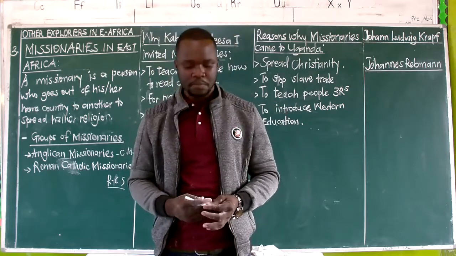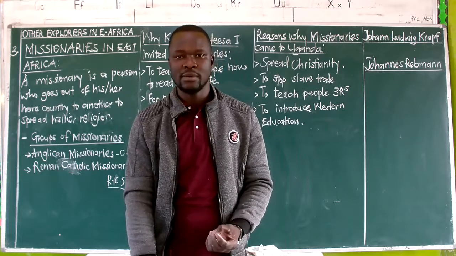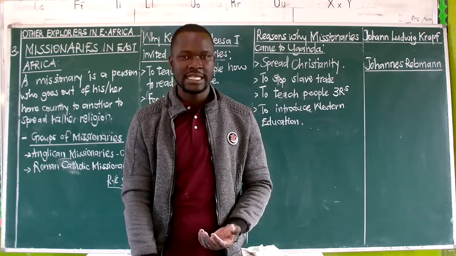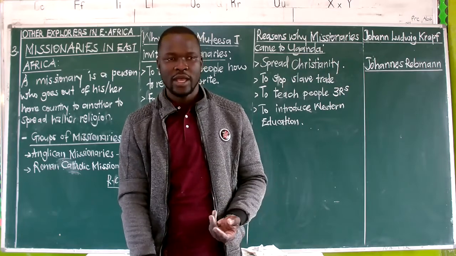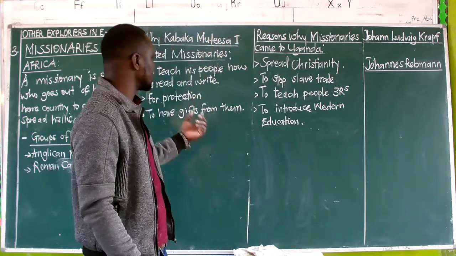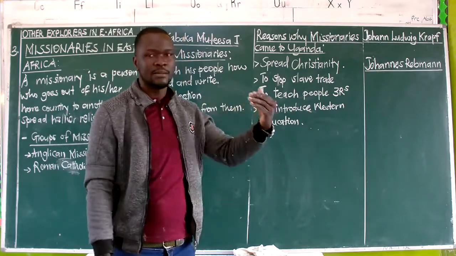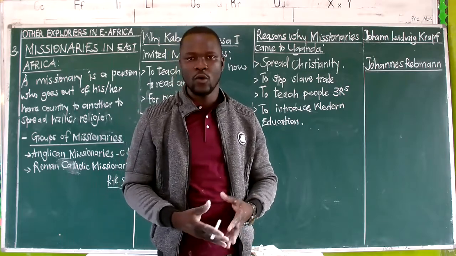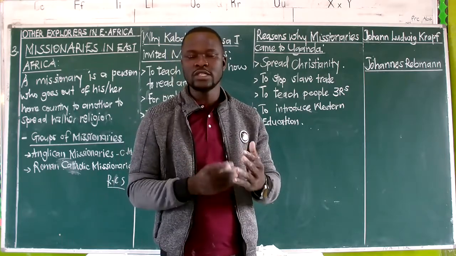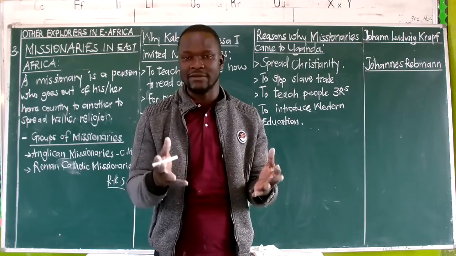And also, we talked about the Uganda martyrs, the people who accepted to be killed for their faith. And of course, the faith was Christianity, whereby when the missionaries came, they regarded the practices in Uganda as evil. It made the king who had invited them lose interest; he had lost love for them.